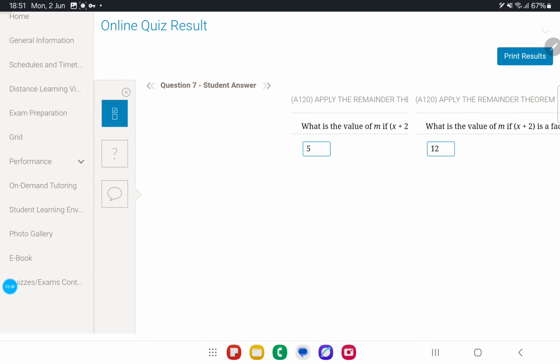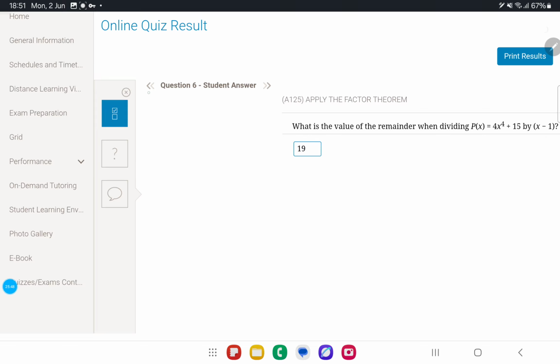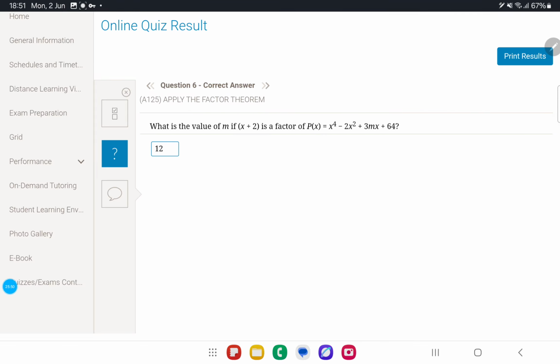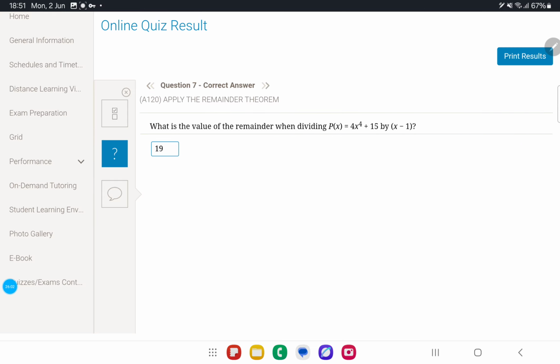Now question 7. What is the value of the remainder when dividing, okay, here you don't use the remainder theorem, but it's the same answer. You use something called the factor theorem, which you basically put the root for x. It's the same idea, but there are different rules. It's better to be aware of it.